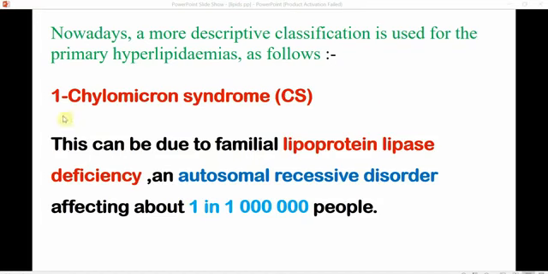First, the chylomicron syndrome. This can be related to familial deficiency of the specific enzyme lipoprotein lipase. This defect is an autosomal recessive disorder which usually affects 1 in 1 million people.